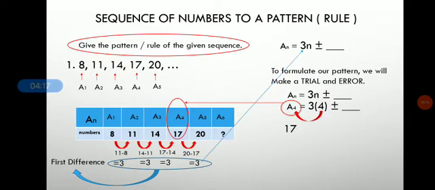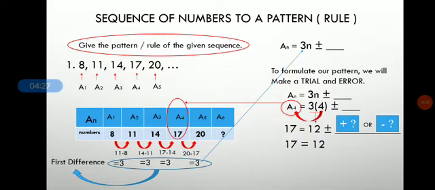Kasi nahanap natin si a sub 4. Then 17, we all know that 3 times 4 will give us 12. The question is, are we going to add a positive number or add a negative number? Ilan ang kailangan ni 12 para maging 17? Tama, 5. At yung dinagdag natin na yun, ayun yung gagamitin natin sa ating pattern o yung tinatawag nating rule.